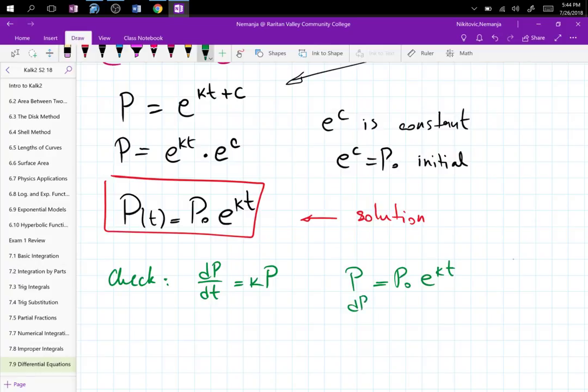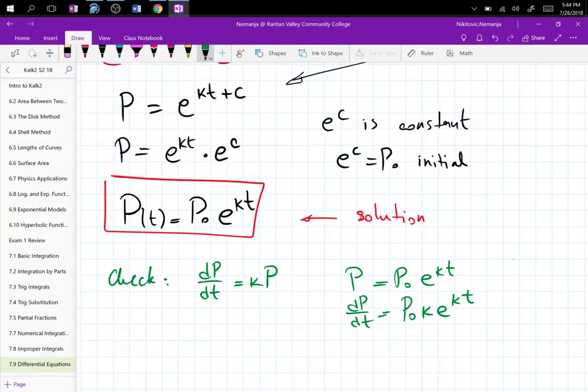Well, dp dt, which is the derivative, is going to be p0 k e to the kt, because the derivative, you copy p0, derivative of e to the kt is e to the kt, and then the chain rule kicks in for the exponent. Derivative of kt is k. So the overall derivative is p0 k e to the kt.